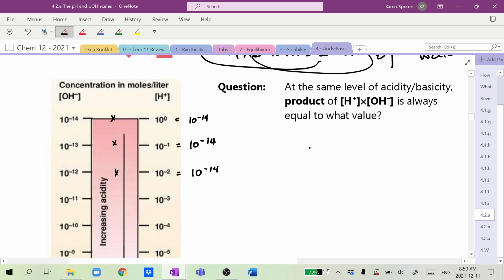So, the concentration of hydrogen times the concentration of hydroxide is equal to 10 to the negative 14, or we could say 1.0 times 10 to the negative 14. This value here is actually Kw, which we just talked about.